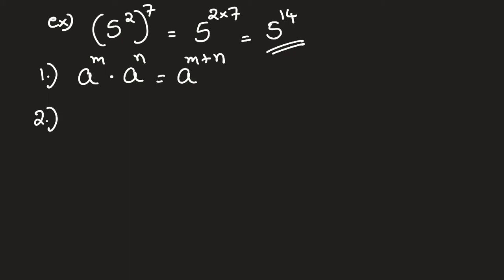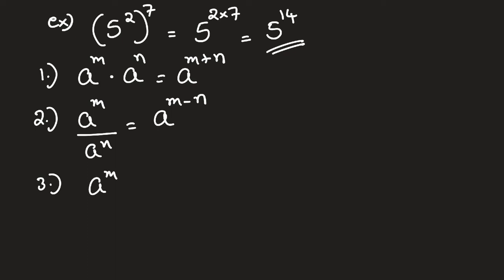And what's the second one? A to the power m divided by a to the power n is a to the power m minus n. What's the third one? A to the power m, the whole thing raised to the power n is a to the power m times n.